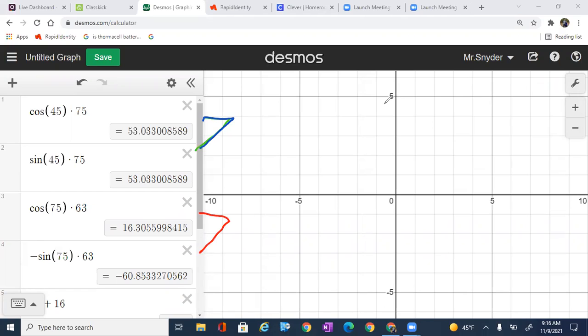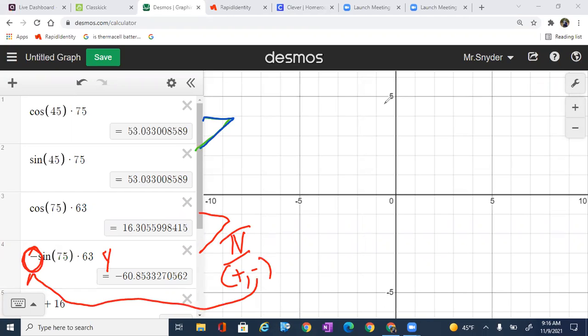You'll notice that there is a negative on the sine 75, 63. This is the Y component, and remember the Y in quadrant 4. Remember, we should have a positive and a negative, so that negative is getting shown right there. Okay, so I'm going to go back to the classroom, and I'm going to write down those values.